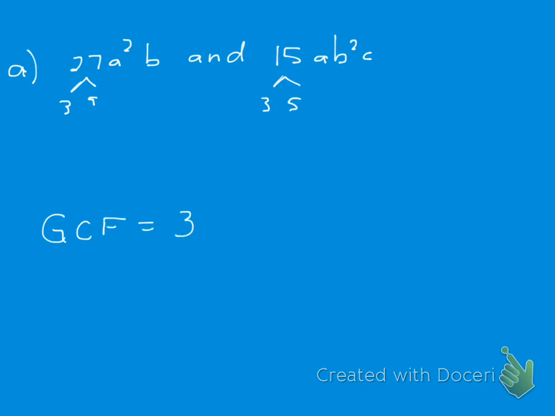Now remember, it's the greatest common factor, what they have in common. So that's not it. I still have variables I've got to deal with. Now, they both have A's, right? So would you conclude that they're going to have A in their common factor? Absolutely. The question is, how many A's? One. Why only 1? Because that one has 2, and the other one only has 1.